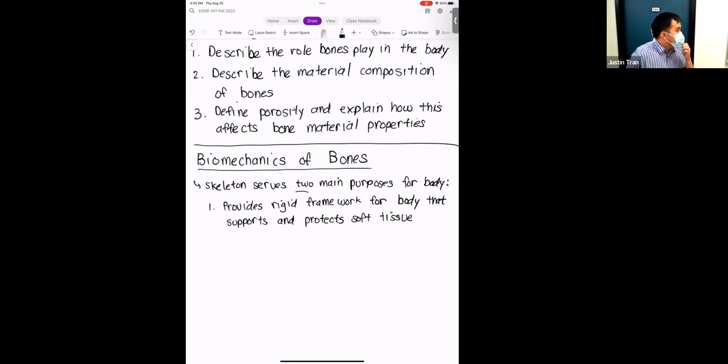And so on the one hand, this provides the structural strength for your body, so when you stand up, it's not absurdly painful.